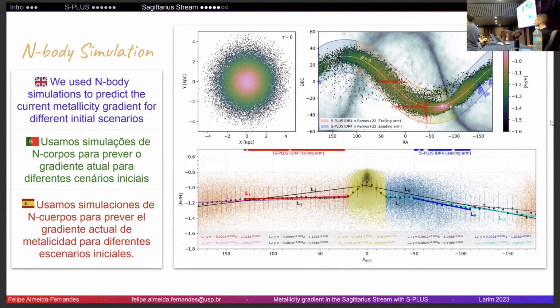For the filters, we're using all of them in this case because this is a neural network, so it receives all the filters of S-PLUS as an input. But one work that's being done is seeing which filters are more important when predicting these stellar parameters. For now, we're using all 12 filters.